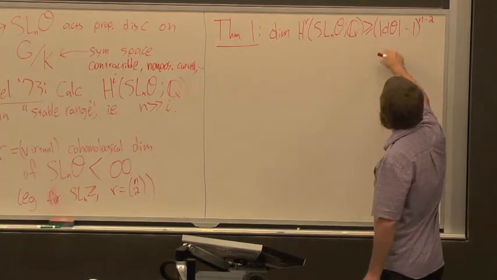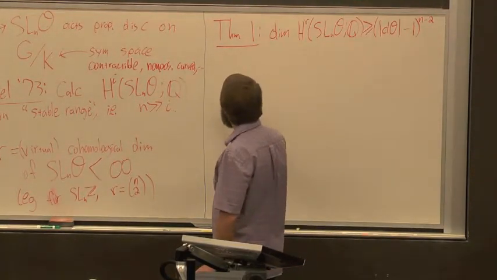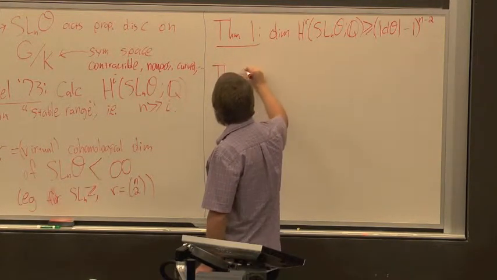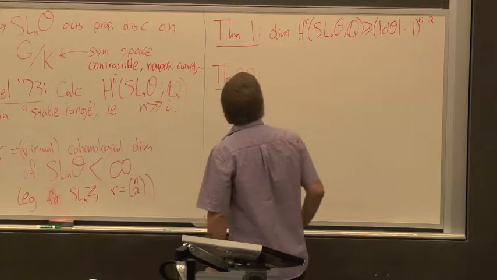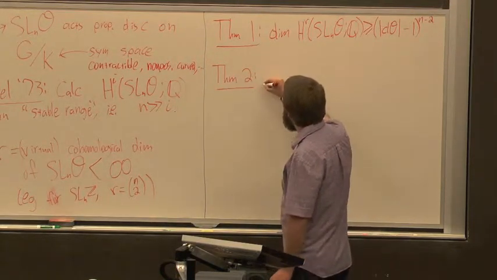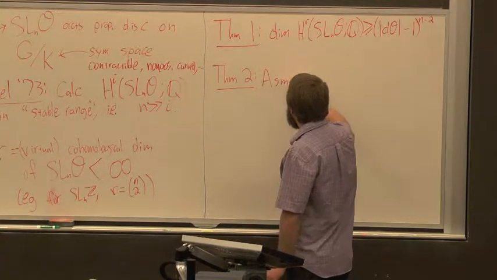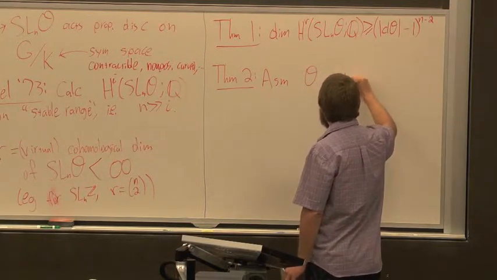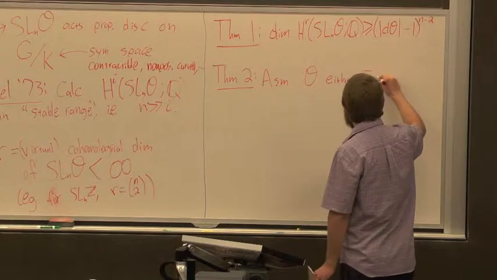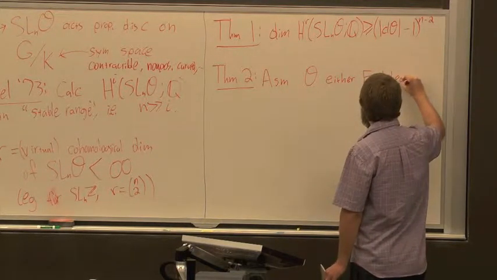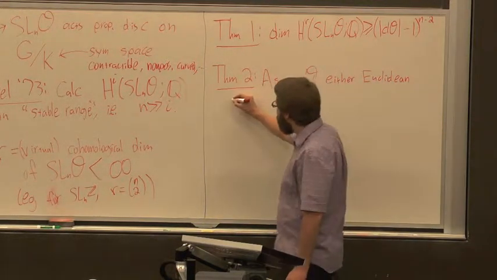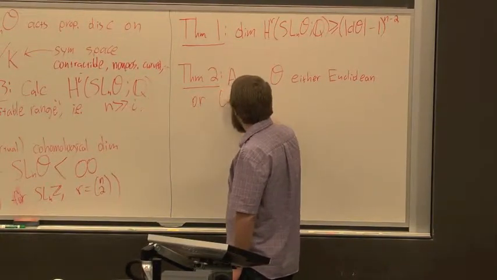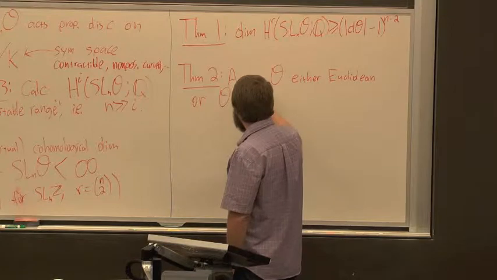It says what happens if the class number is 1. And there we unfortunately have to put some conditions. So theorem 2. Let's assume that O is either Euclidean, so it has a Euclidean algorithm, or it has a real embedding, so O is contained inside the real numbers.